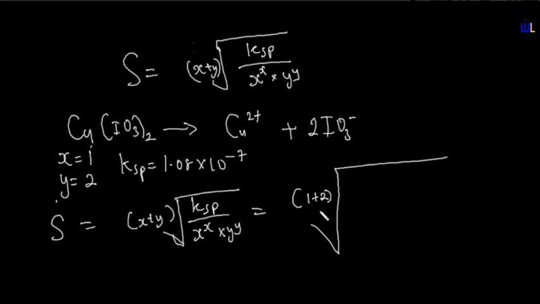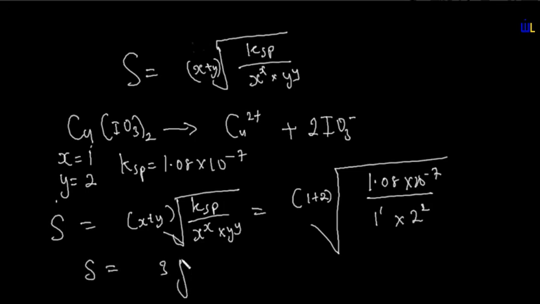Ksp is 1.08 times 10 raised to the power minus 7, divided by 1 raised to the power 1 times 2 raised to the power 2. Solubility will now be equal to the cube root of 1.08 times 10 raised to the power minus 7 divided by 4.